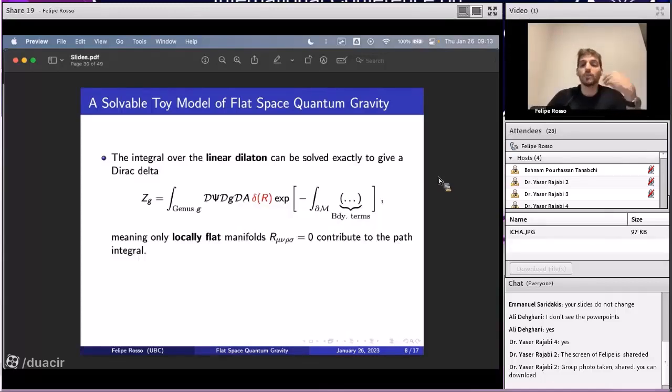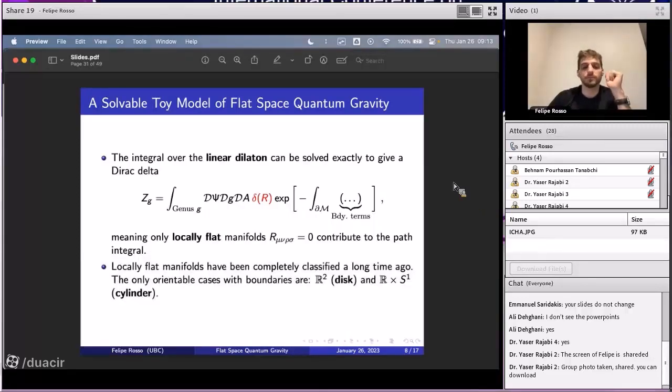So what we need to understand in order to compute this path integral is the classification of locally flat manifolds. And luckily this is extremely simple. This has been known for a very long time. Mathematicians have thought about it a long time ago, and if we are only interested in orientable surfaces that are locally flat with boundaries, and that's what we're interested in, there are only two cases.